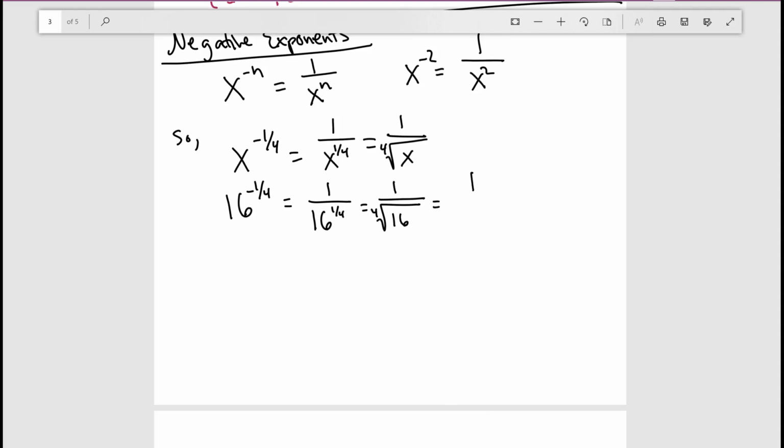I can decompose this 16 as 4 and 4, and then 2 and 2. So basically I have 2 times 2 times 2 times 2. I'm looking for fourths. So here is a fourth of 2's. It's going to come out. So it's going to be 1 over 2. And then what's left over in the 4th root? Nothing's left over. So it's just going to be 1 over 2. Okay?